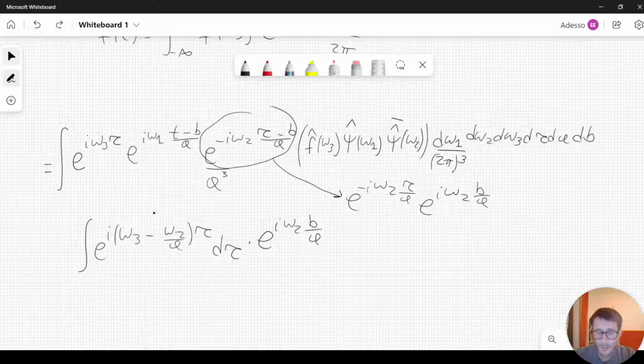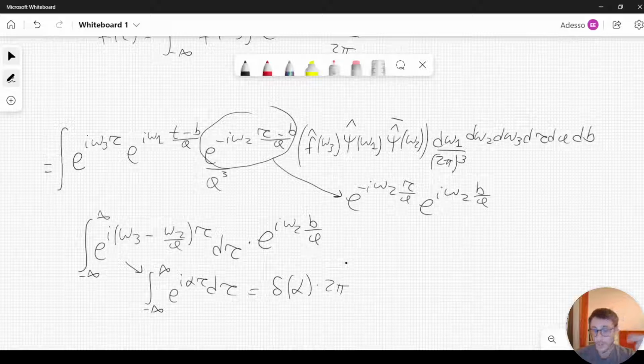The integration can be performed only over this complex exponential, and it's not complicated. The integral is performed from minus infinity to plus infinity. When we have the integral of e to the i alpha tau d tau, this gives the Dirac delta of alpha multiplied by 2 pi.